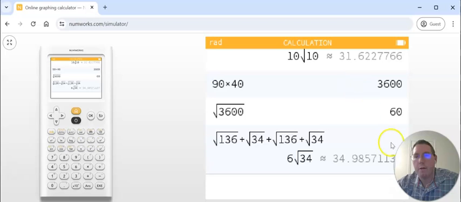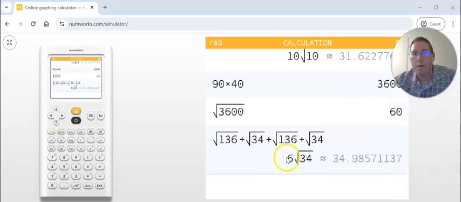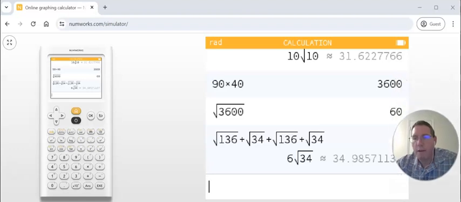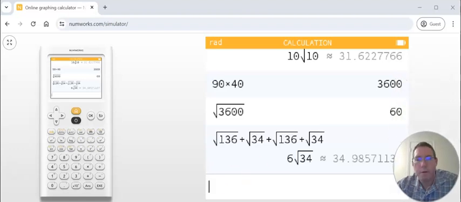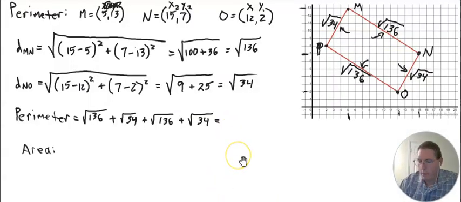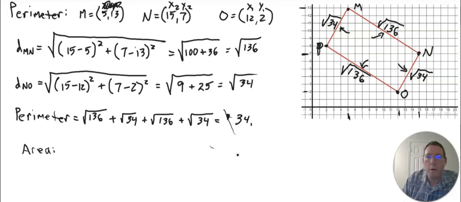That gives us 34.9857. That is the perimeter of this rectangle.